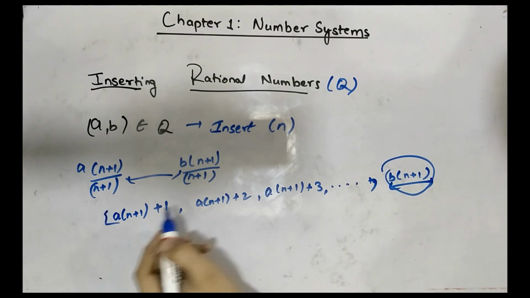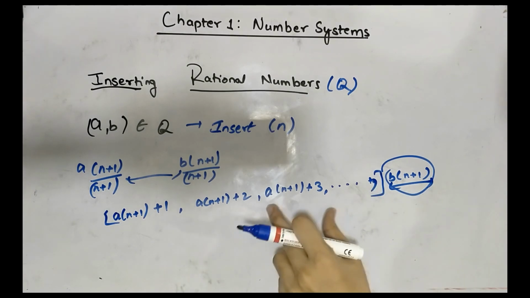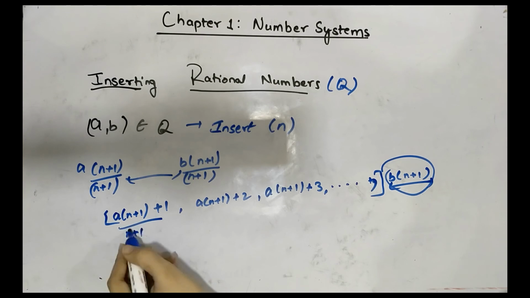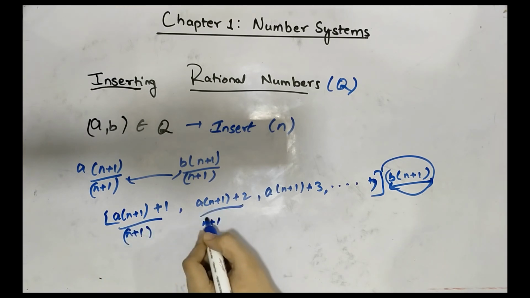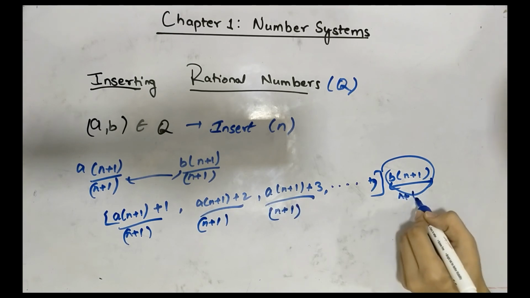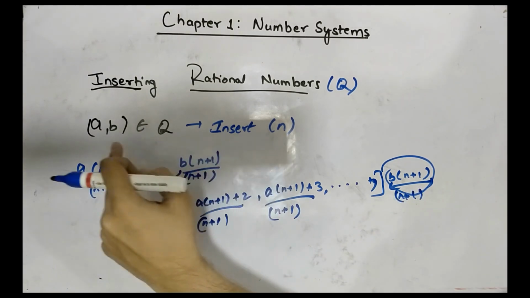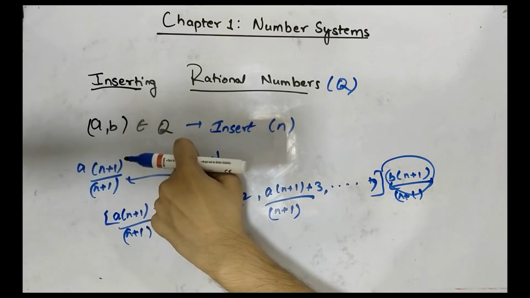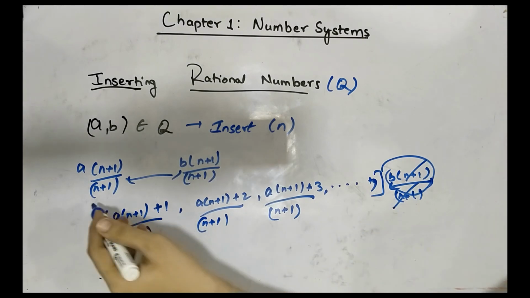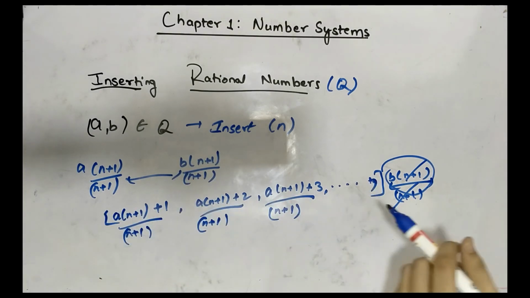So all the values just before B into n plus 1, of course, will be divided by n plus 1, this will be divided by n plus 1, this one will be divided by n plus 1, this is also n plus 1. Okay. These will be the rational numbers that you have inserted between A and B. Because B's value doesn't change, A's value doesn't change, but you have also found the rational numbers that will exist between them.